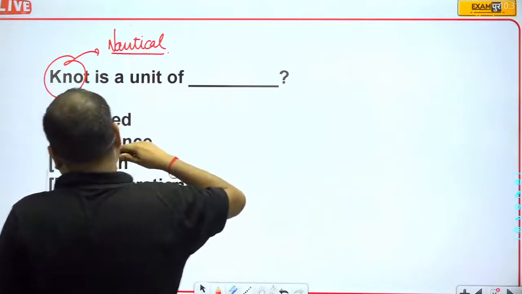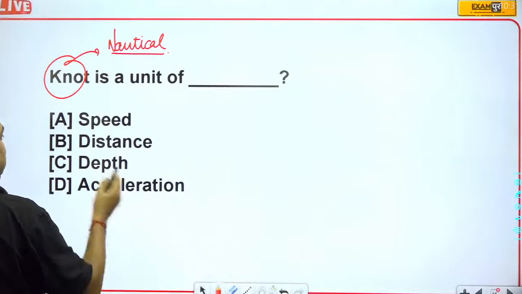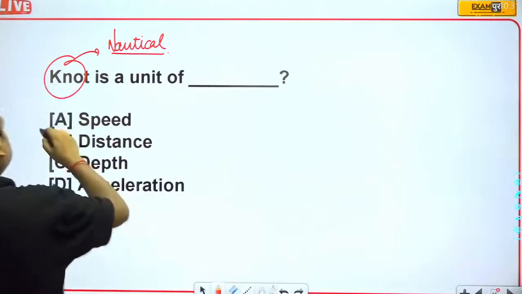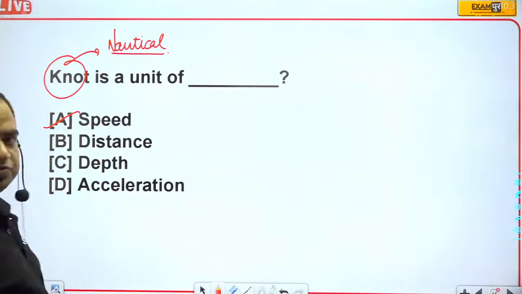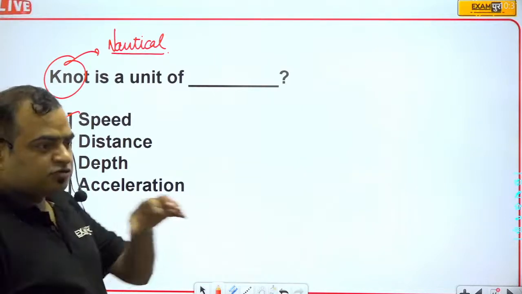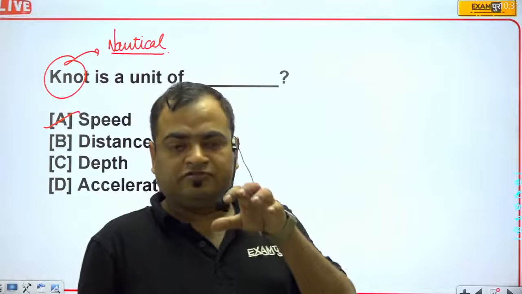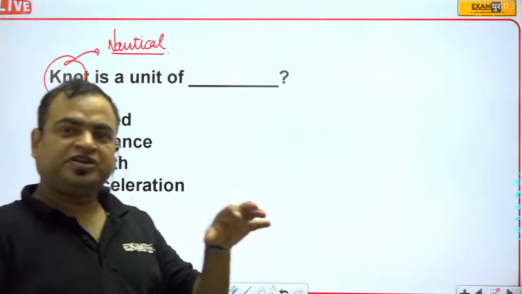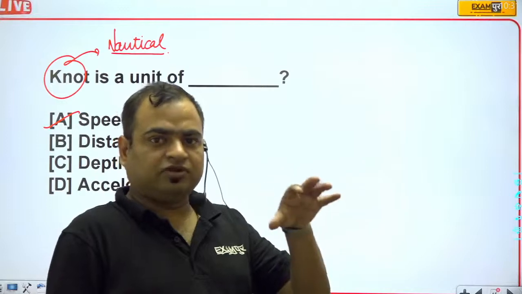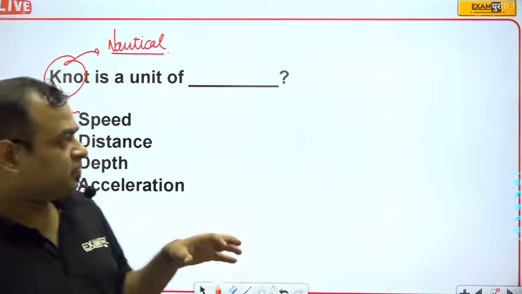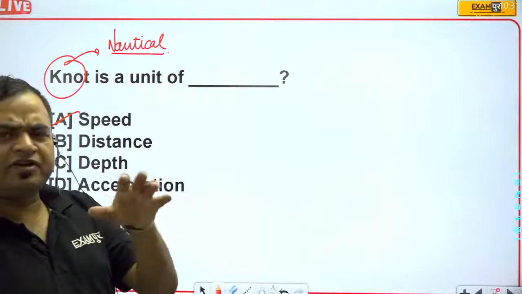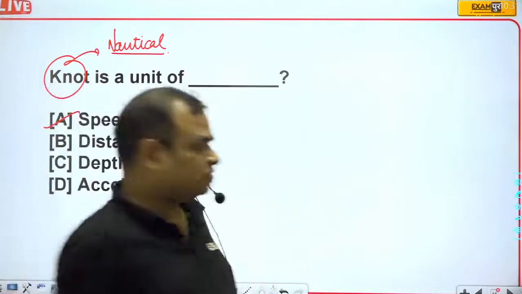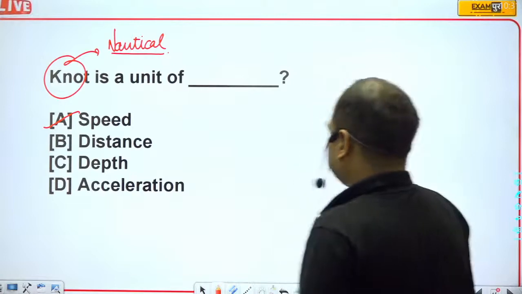Knot is nothing but the unit of speed. When a ship moves, they measure their speed in knots. And knot means 1.85 miles per hour. So this is knot.